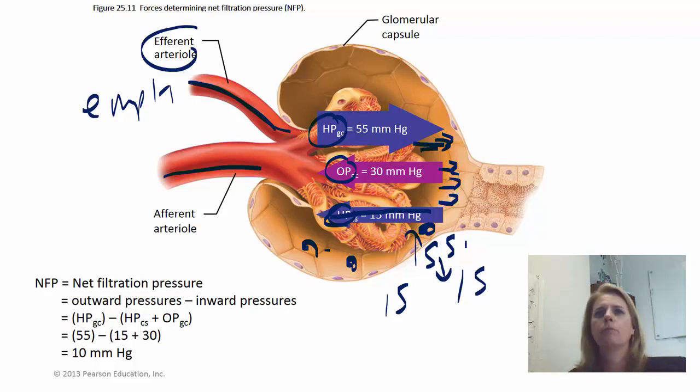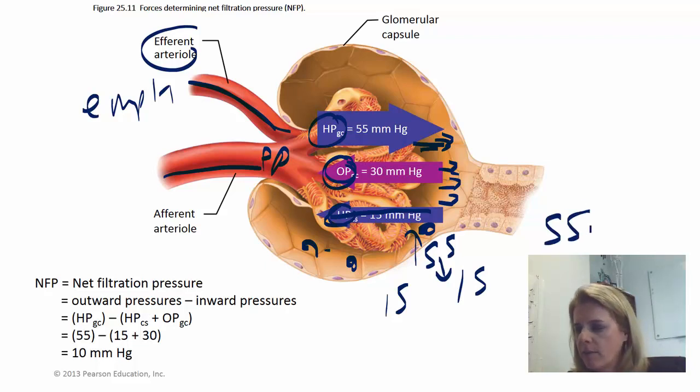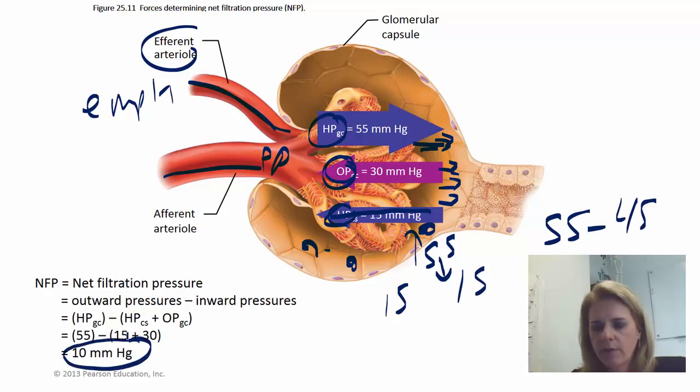You've got to have something pulling more water back in, and that's the osmotic pressure. And that's the big plasma proteins inside the capillaries that, using osmotic pressure, suck the water back in. So if you have 55 minus 30 plus 15, you have a net filtration pressure of only 10.